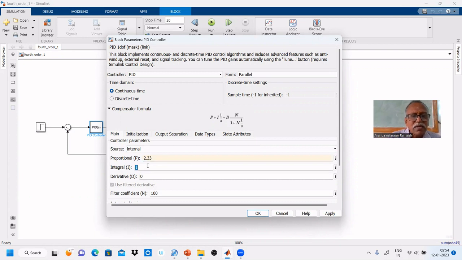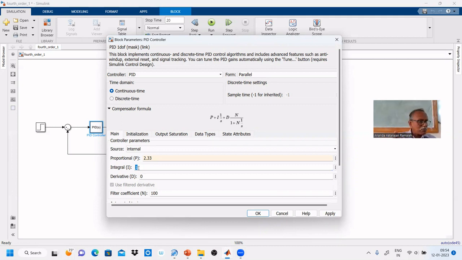Integral time: here you see the expression for PID. Kc times 1 by Ti is named as I. Kc multiplied by Td is named as D. That's why we have to enter I here. I means Kc by Ti.